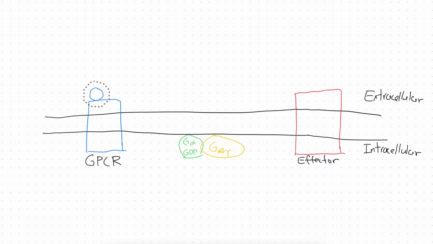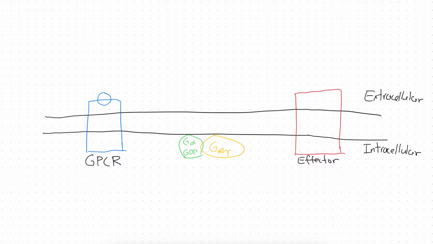Okay. And then after binding, what do you think happens? Yes, right. There is going to be a conformational change. So binding leads to a conformational change, okay? It just means that the GPCR is gonna undergo a change in its three-dimensional shape.